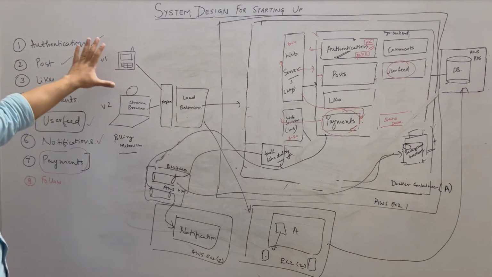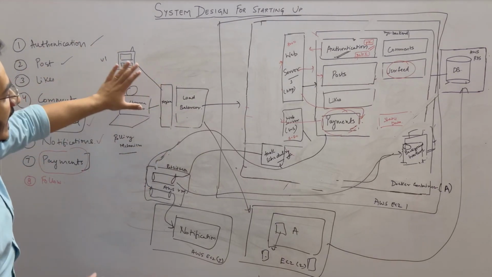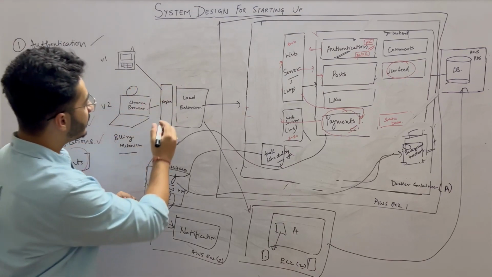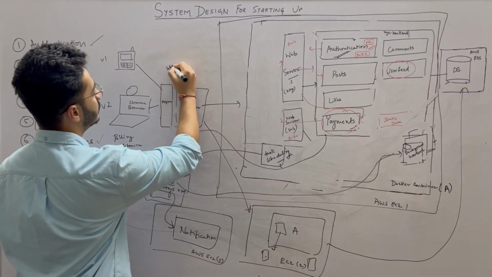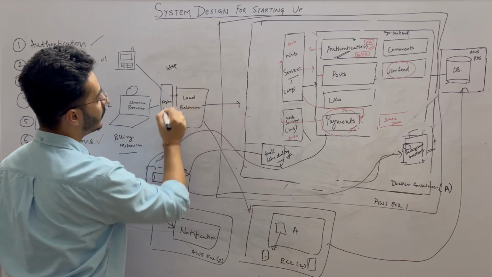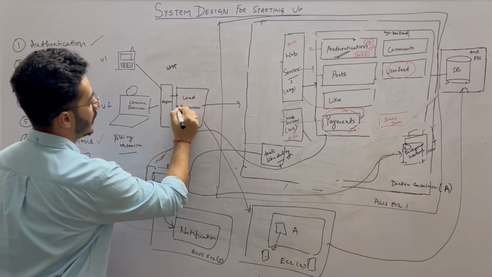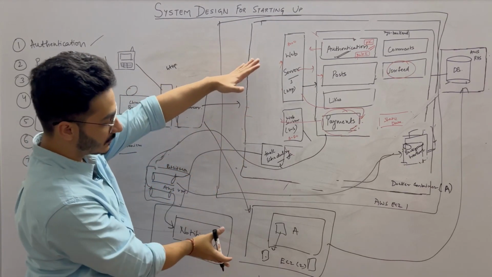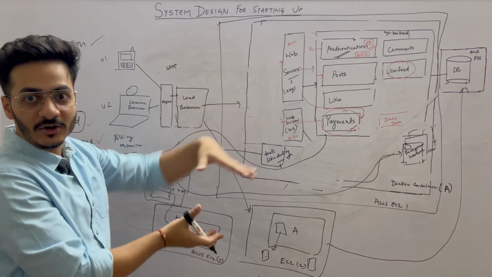So users will first hit this Nginx, and this will act as a reverse proxy. Basically it will say, if it's HTTP, then route this traffic to the load balancer, and then the load balancer will route the traffic accordingly to these two different machines according to the load.